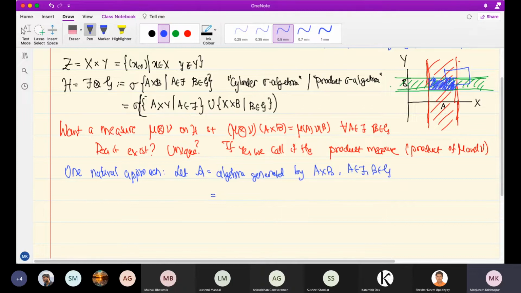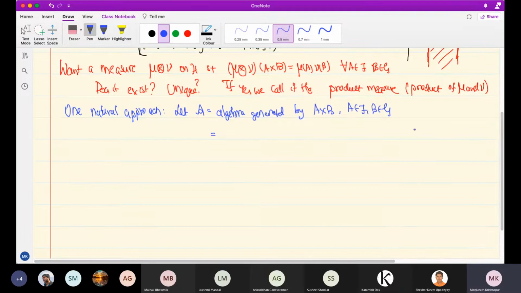Not only that, if you take the complement of a rectangle, so maybe that picture is overcrowded, so let me draw it here. Let's say we have a rectangle like this. The complement of this rectangle can be written as a union of rectangles, right?